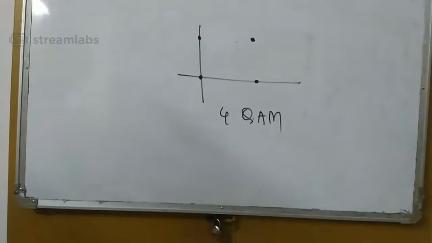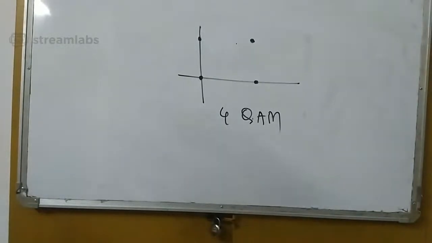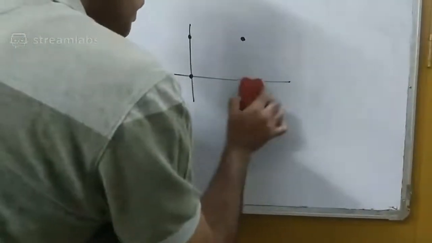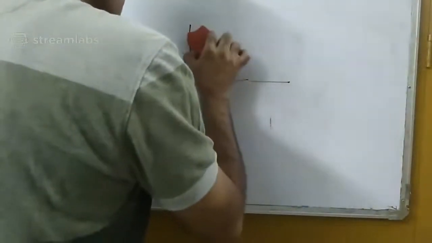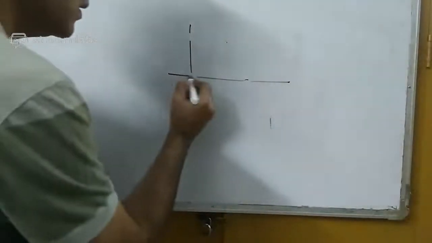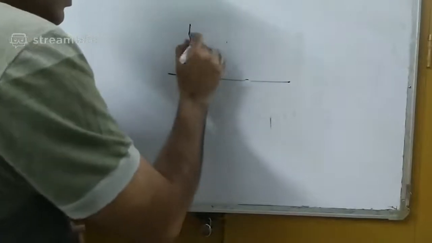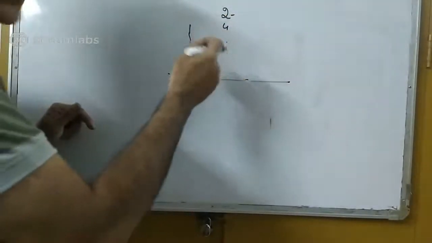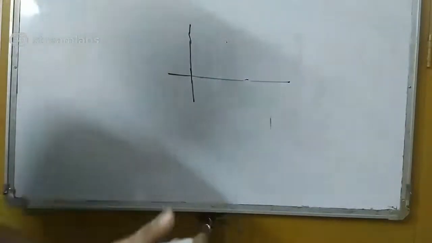Now like this I can go for 16 QAM, where I can use four different phases and four different amplitudes. Here, two phases and two amplitudes altogether give me four options.